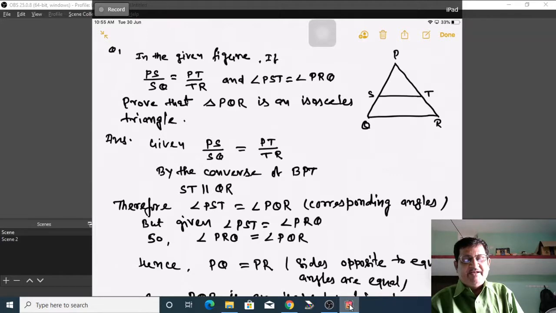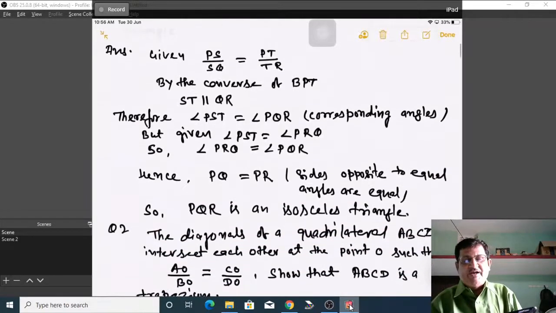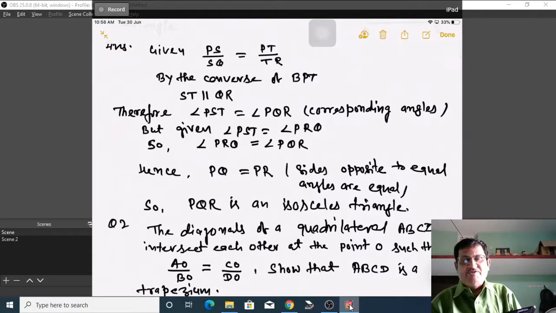But given in the question, angle PST is equal to angle PRQ. So, angle PRQ is equal to angle PQR. Hence, PR is equal to PQ. How? Sides opposite to equal angles are equal. So, PQR is an isosceles triangle.